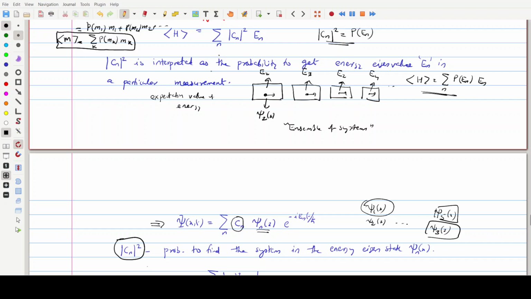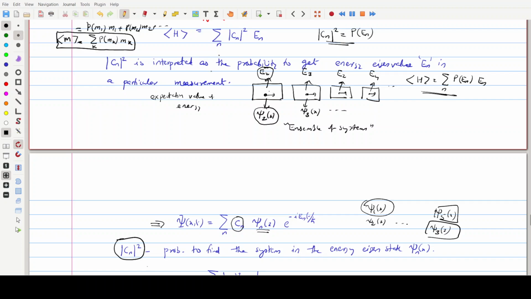If you got the energy as E3, that means the system collapsed to the state psi 3, and so on. So the probability to get the energy eigenvalue E2 is mod C2 square, and it is the same as the probability to collapse to the wave function psi 2.